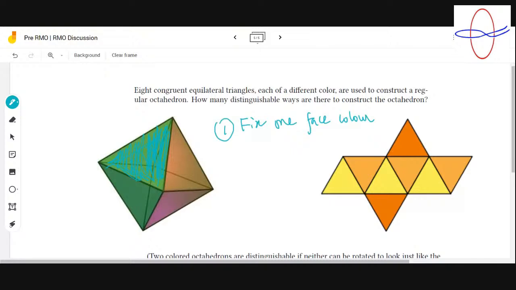Perfect. So you get 7 factorial. If you get 7 factorial, then why do you need to divide by 3? Can someone tell me?